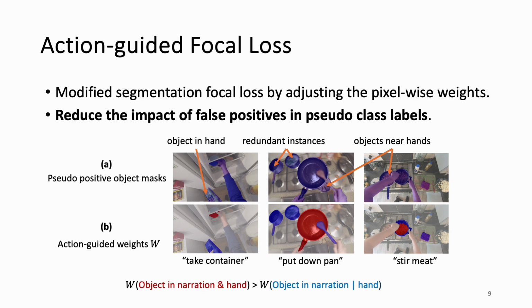For example, there are 3 pens in the video of put down pen, and the pen that is in the person's hand receives the highest loss weight, which is the red color area. Because this pen both has its name mentioned in the action prompt and is held in the hand.